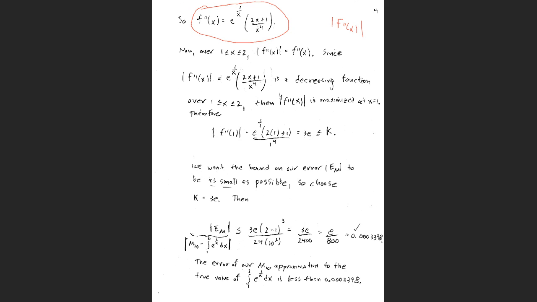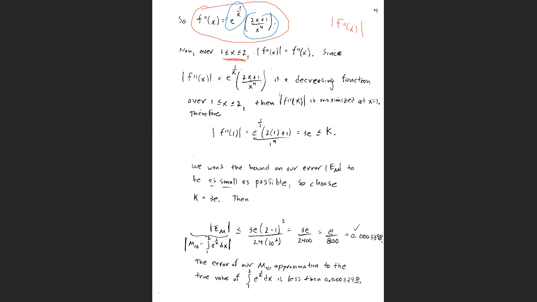So when x is between 1 and 2, and that interval is what we care about, because our integral goes from 1 to 2, the e to the 1 over x is positive when x is between 1 and 2, and 2x plus 1 over x to the fourth is positive when x is between 1 and 2.